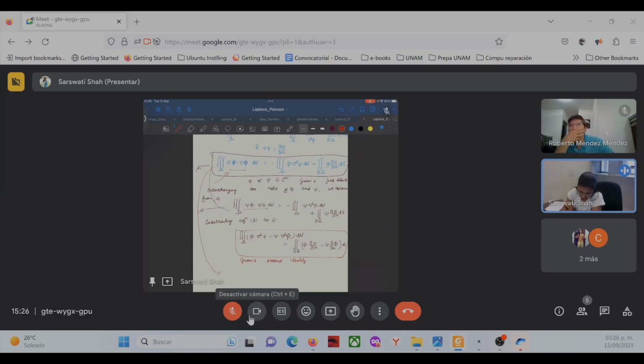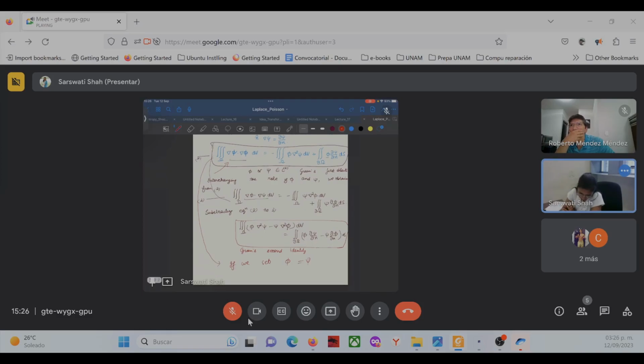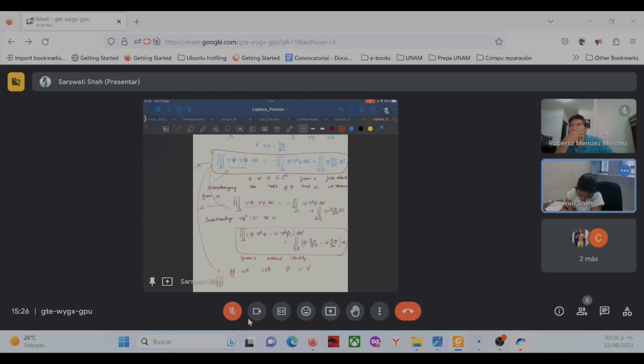If we set phi equals to psi, then the integral of gradient of phi squared dv is equal to the integral over del omega of phi del phi over del n ds minus the other term. This is the special case of Green's identity.